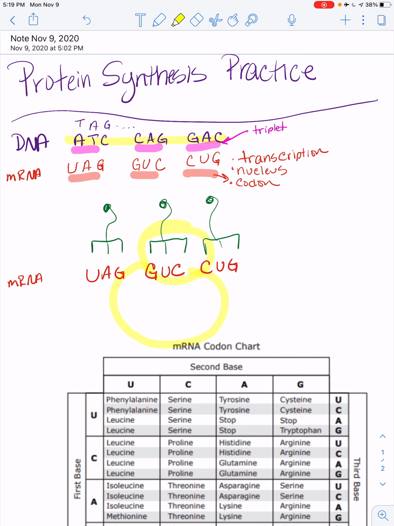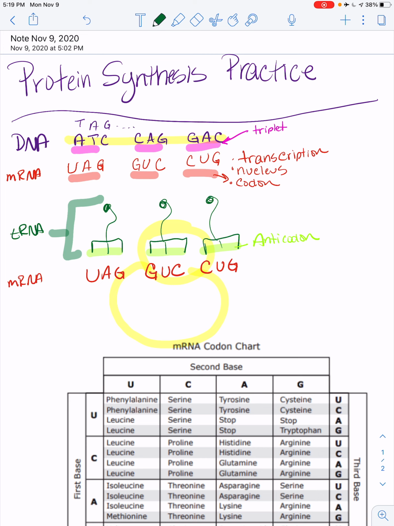So here, these spots right here, that is going to be the anticodon that's attached to or is part of the entire structure here, which is your tRNA. Okay, so let's do the anticodons.